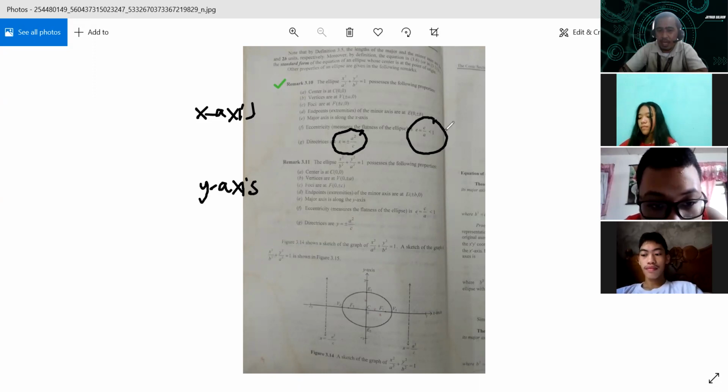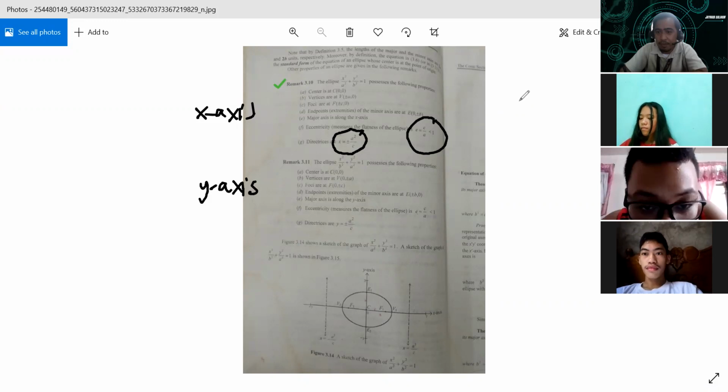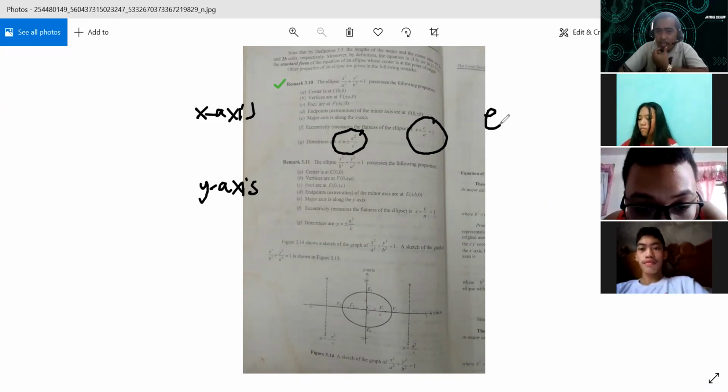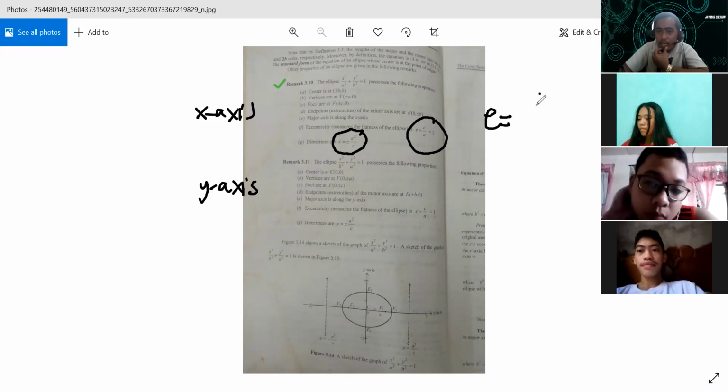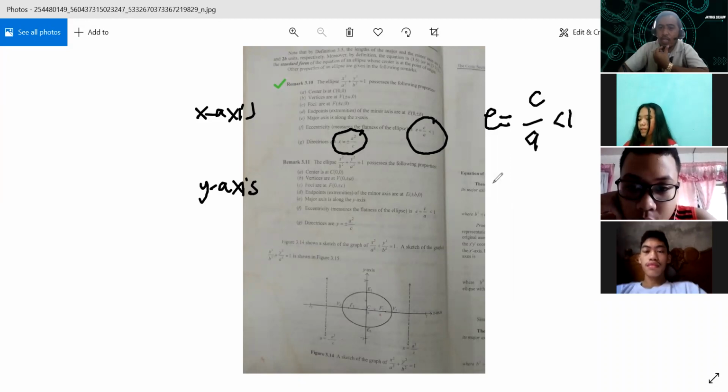But in this case, the eccentricity should be less than 1. If your eccentricity is greater than 1, that is for the hyperbola. So always check that the eccentricity, c divided by a, is less than 1.